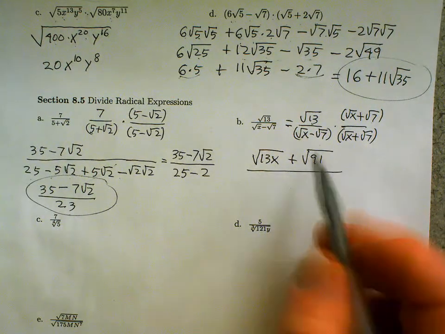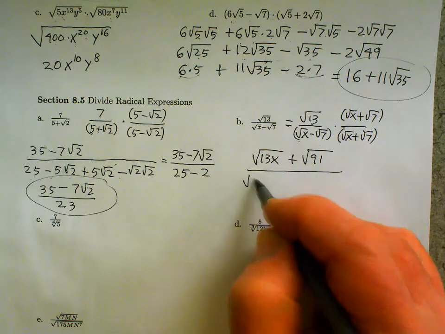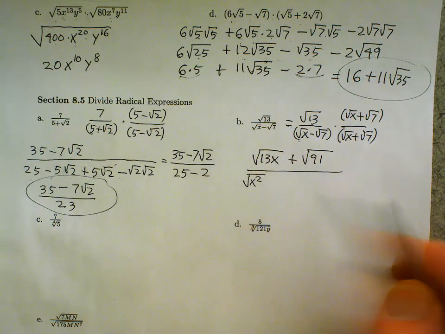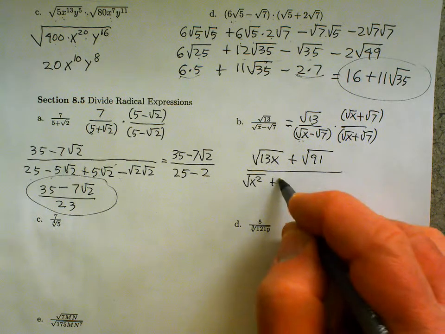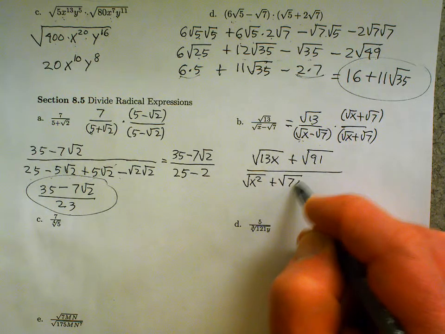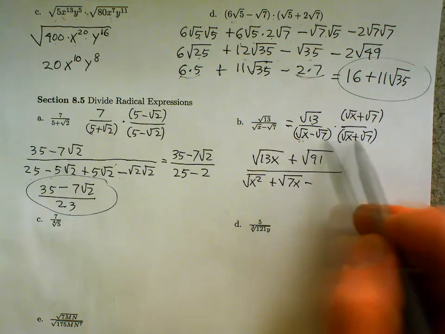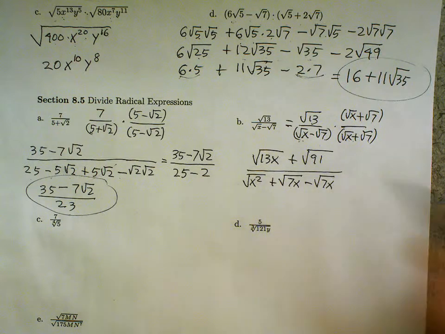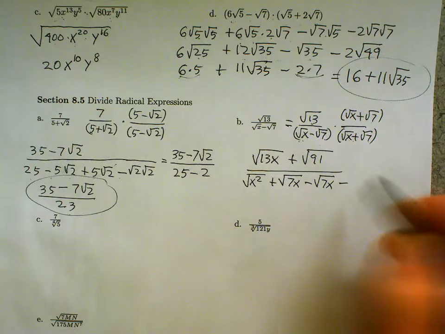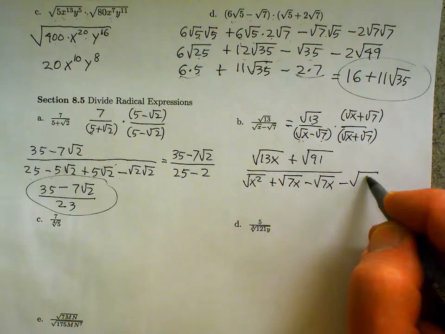And in the denominator, the square root of x times the square root of x is the square root of x squared. And then we have plus the square root of x times the square root of 7, which is plus the square root of 7x. And then minus the square root of 7 times the square root of x, which is minus the square root of 7x. And then minus the square root of 7 times 7 is 49.